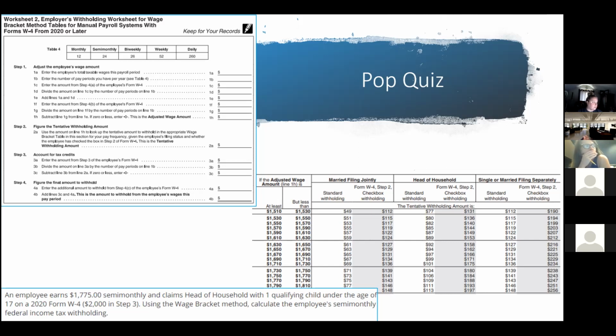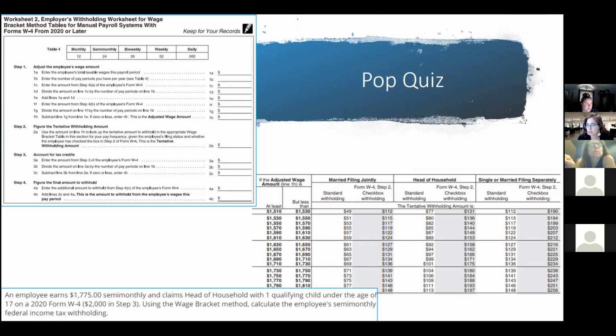And then step 4B, they didn't tell us anything, so we're going to assume that that's 0. And then we're going to divide the amount on line 1F by the pay periods in 1B. Again, that was 0 as far as we know. So his adjusted wage amount is going to be $1,775.